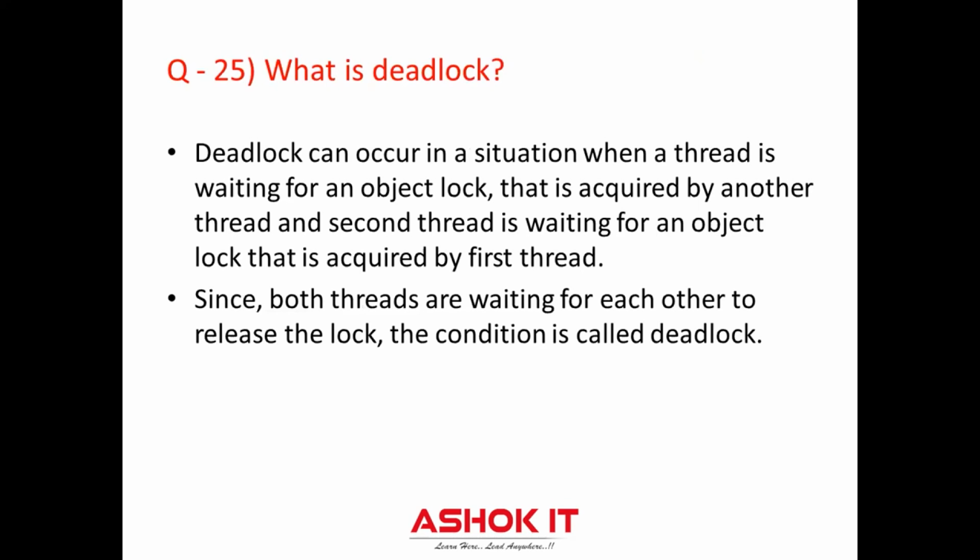It is important to use in our program running in a multi-threaded environment where two or more threads execute simultaneously, but sometimes it causes a deadlock situation. Deadlock can occur where a thread is waiting for an object lock that is acquired by another thread, and the second thread is waiting for an object lock that is acquired by the first one. Since both threads are waiting for each other to release the lock, this condition is called deadlock.